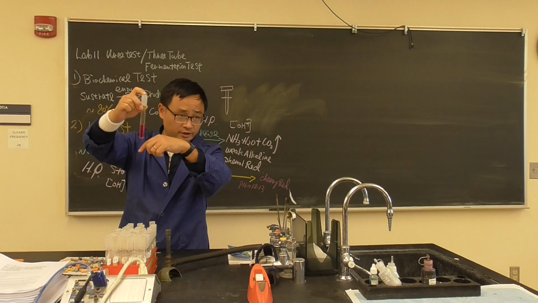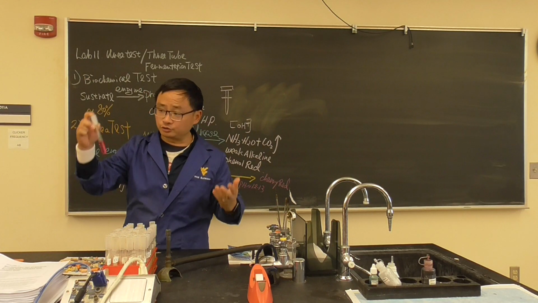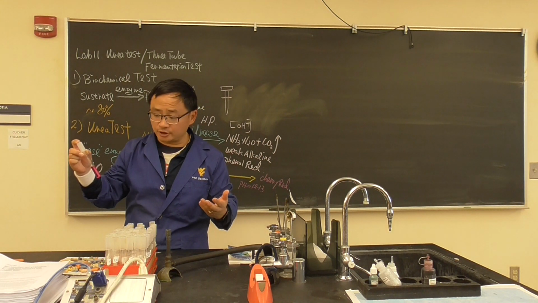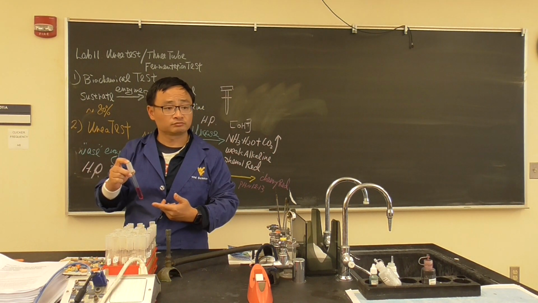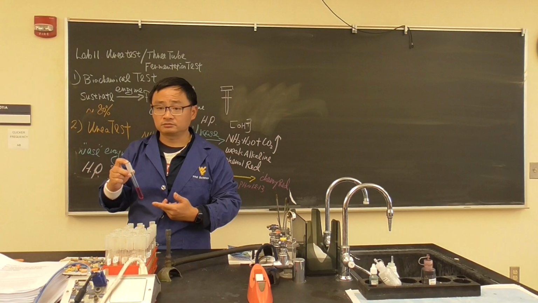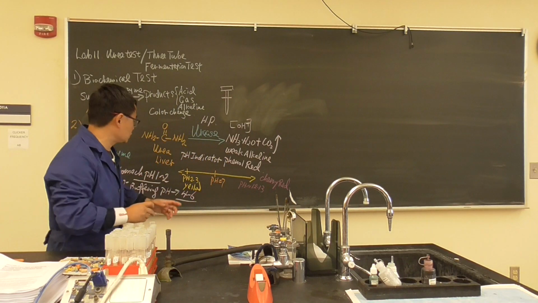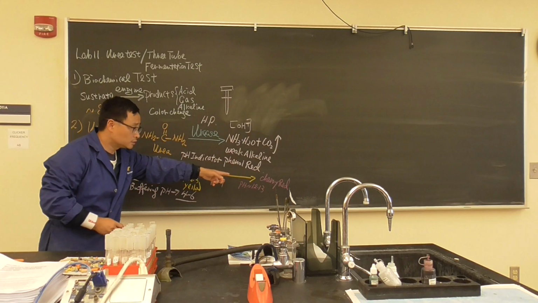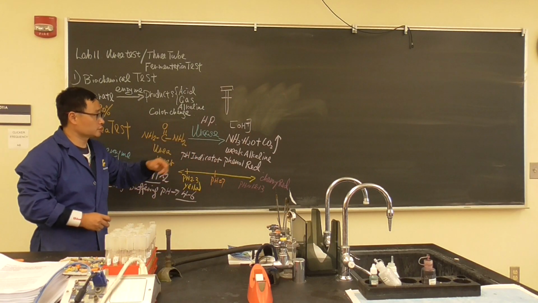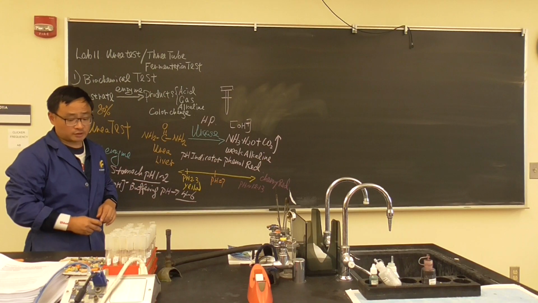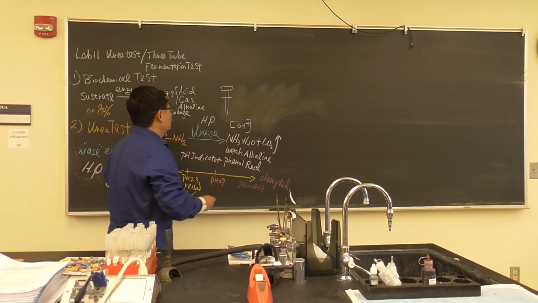You inoculate the bacteria and do the incubation, and after incubation we'll see the color change. If it's yellow, urea negative. If it turns cherry red, it is urea positive. So that's not difficult to do.